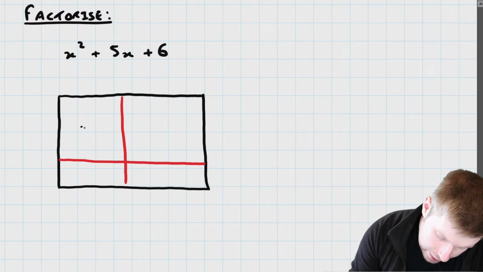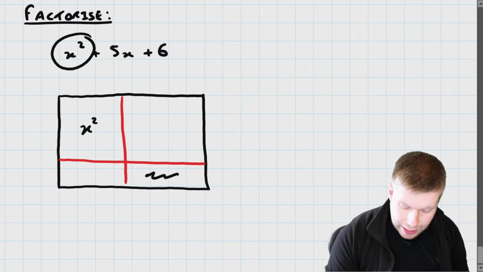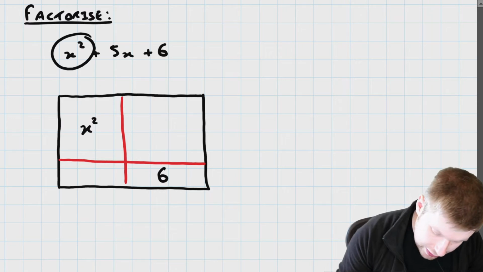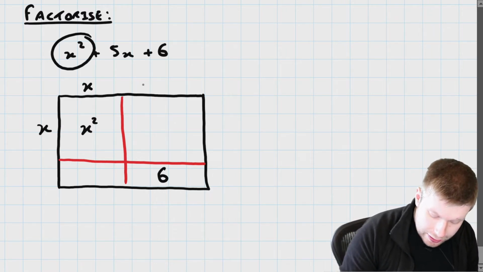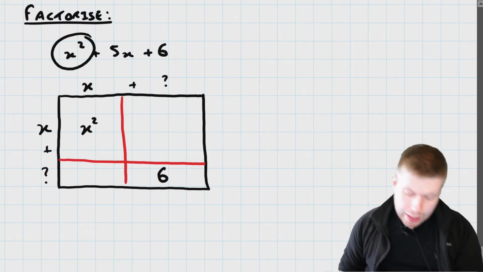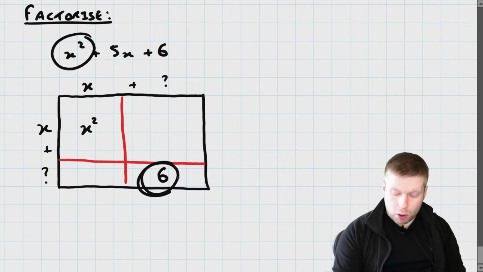Now I know that this piece here is going to be my x squared. I know this piece is going to be my x squared. And I know that this piece down here is going to be what happens if I multiply my numbers together. So I know this is going to be 6. So in other words, this is going to become from x, and this piece is going to become from x. Then I'm looking for something that goes here and something else that goes here. Now I know that my 2 things that I don't know at the moment have to multiply together to make 6.